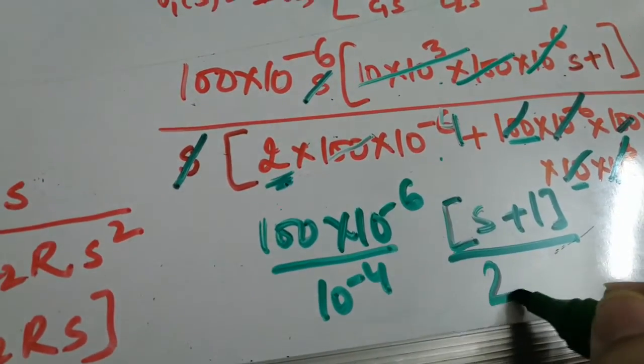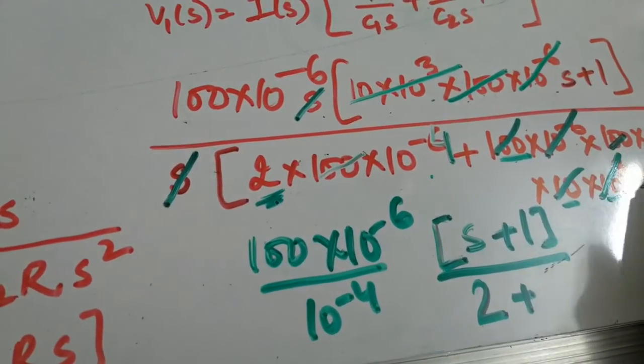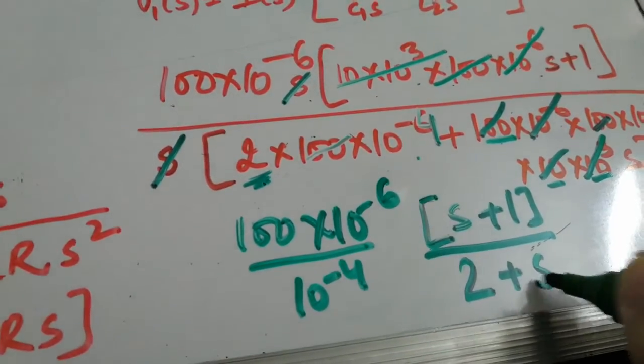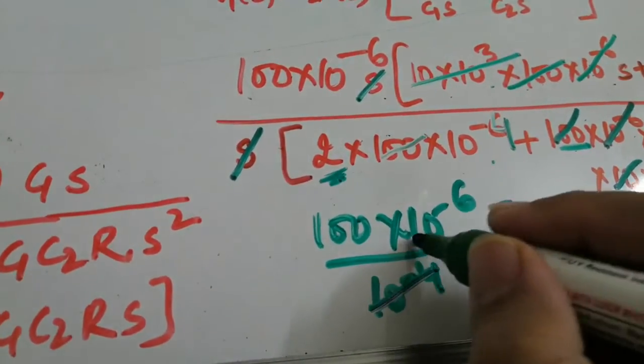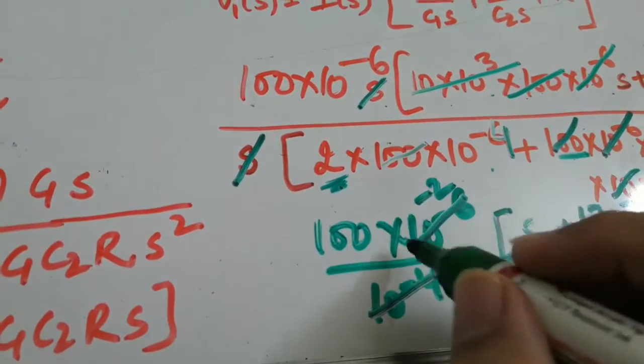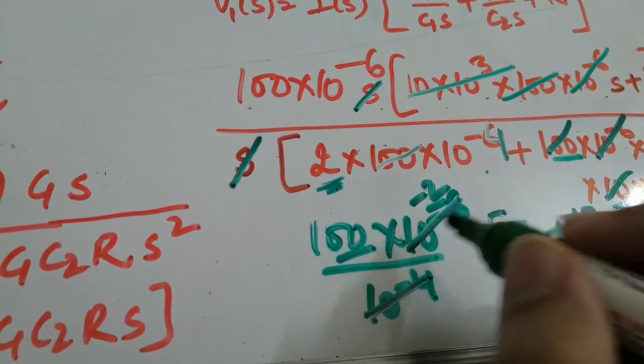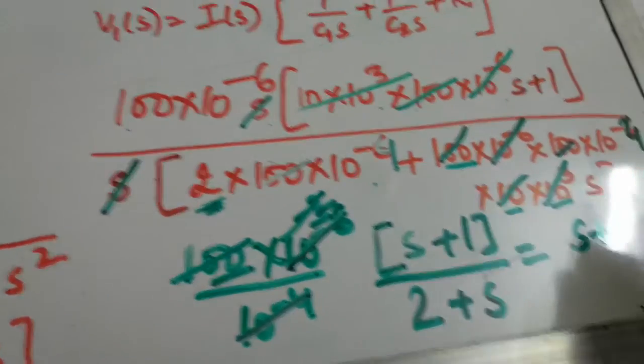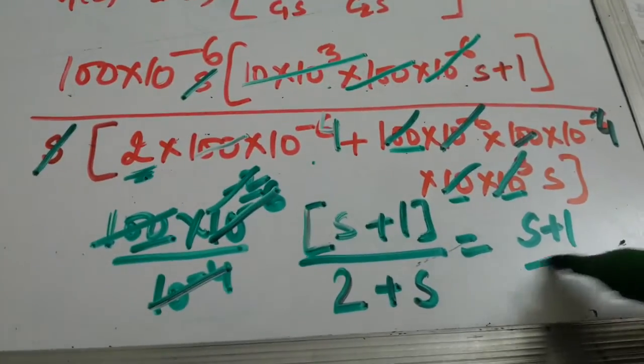So here it will be 2, and here this 10 raised to power minus 4 has also gone out, so only S is left here. So you can see that I can cancel out this minus 2 and this positive 2. So my transfer function will be S plus 1 upon S plus 2.